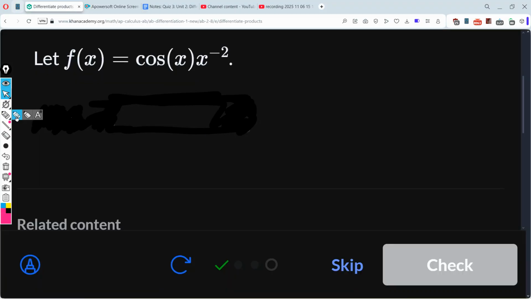All right, one more. First term is cosine of x. Second term is x to the negative 2. So this is going to be u, and this is going to be v. So u equals the cosine of x, and the derivative of u is going to be negative sine of x.